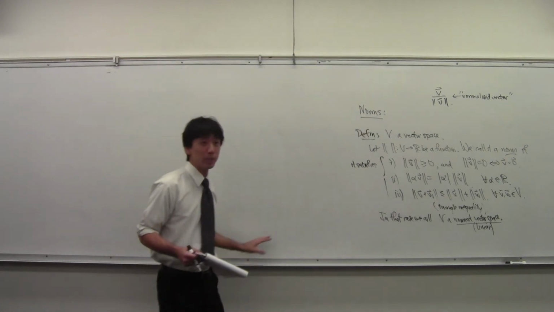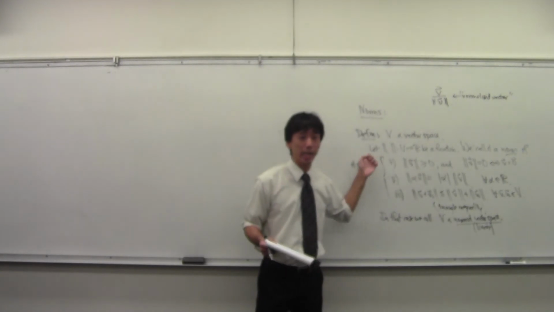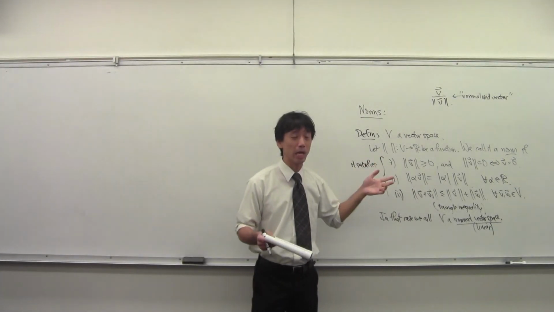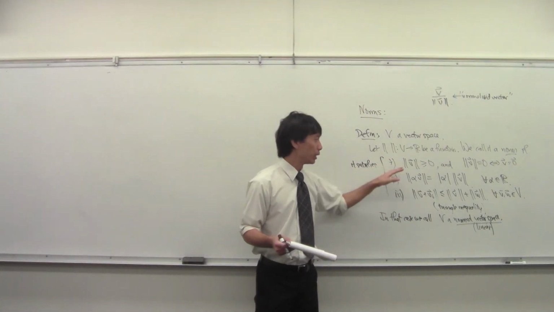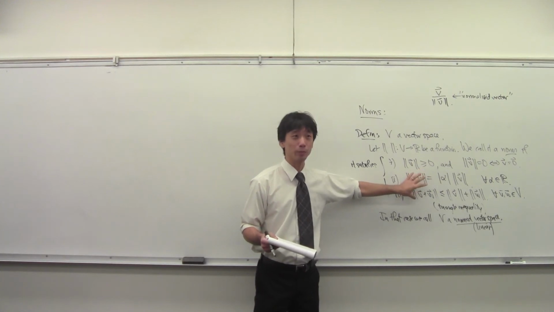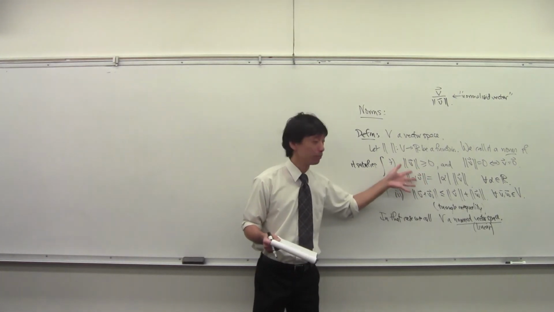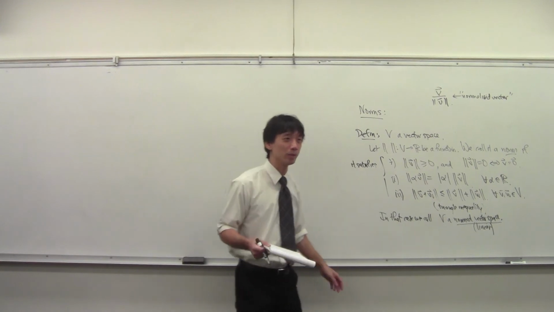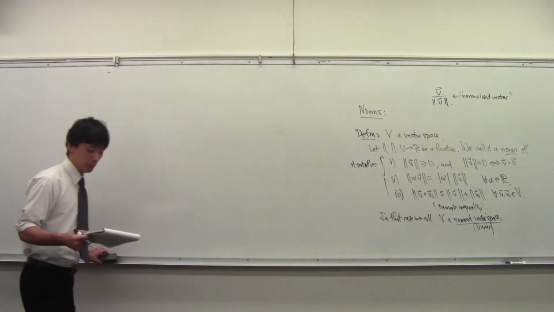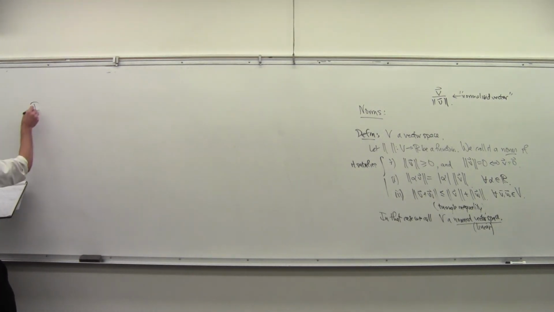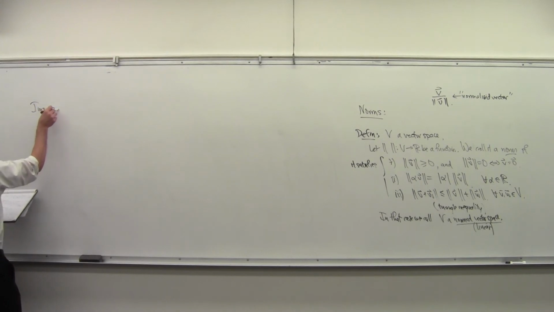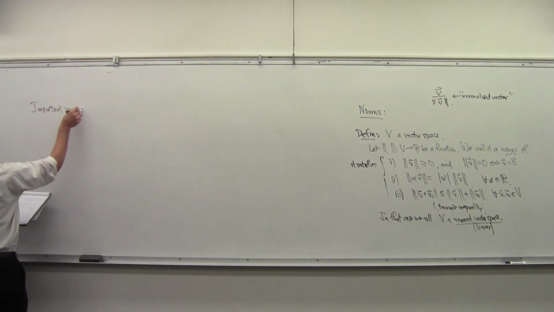So a norm is basically just a way of talking about the size of a vector. But you want the size to have certain properties that your normal ideas of size satisfy. So here are a bunch of important examples of norms.